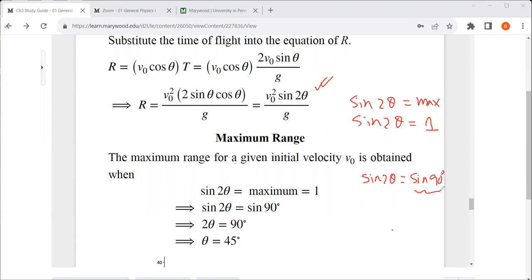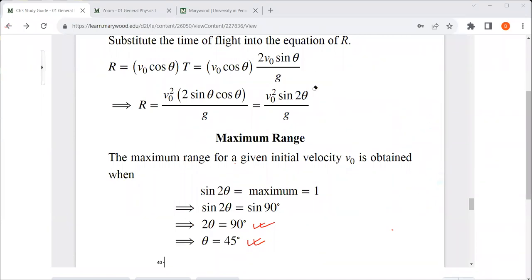So you get the maximum value when sine 2 theta is equal to sine 90 degrees. This tells us that 2 theta equals 90 degrees and theta equals 45 degrees. So this simple calculation tells us that we can reach the maximum range if we project something at 45 degrees.